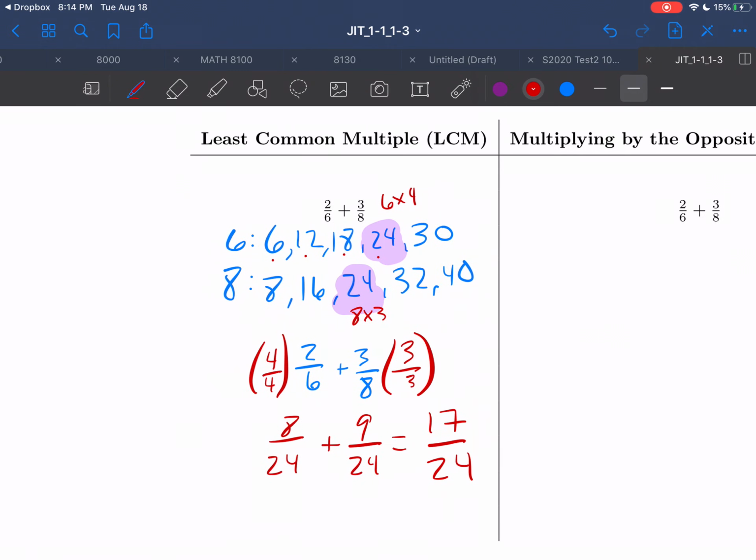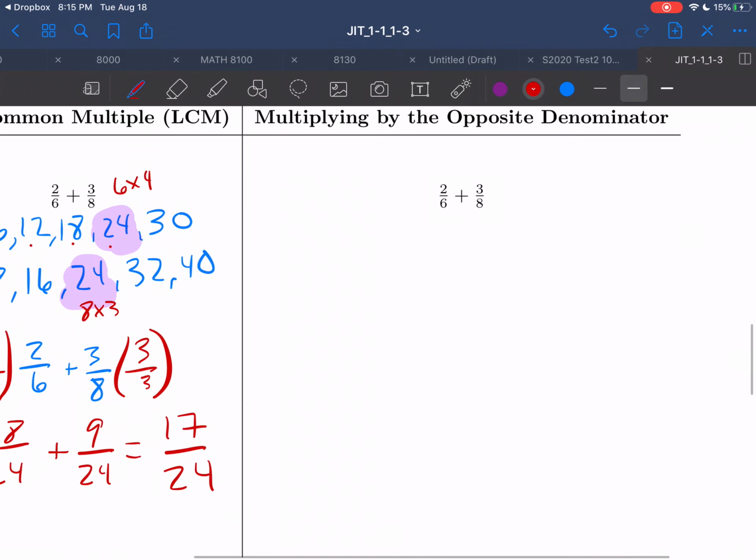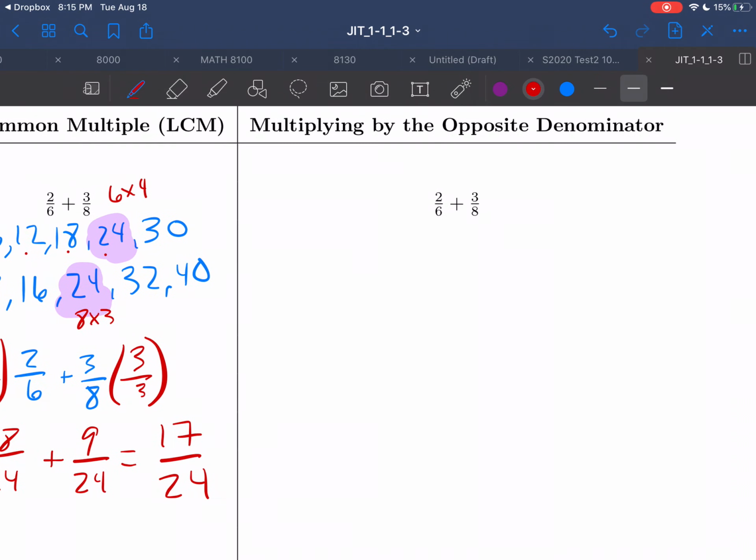Using that method is nice because your numbers are smaller. When you're working with the numbers, they're smaller because you found that lowest number. But it's not always the easiest to find that common multiple. So what you can also do is multiply by the opposite denominator. That will also give you a common denominator.